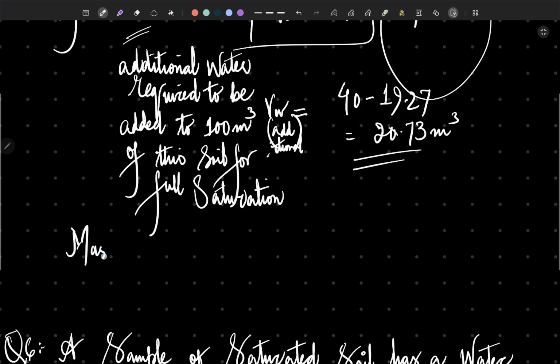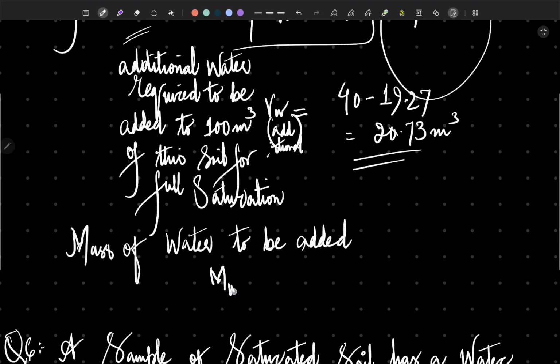So the mass of the water added: we'll multiply by density to find the mass. The mass of additional water to be added is how much? Mass is volume multiplied by the density of water, which is 1000 kilograms per cubic meter.